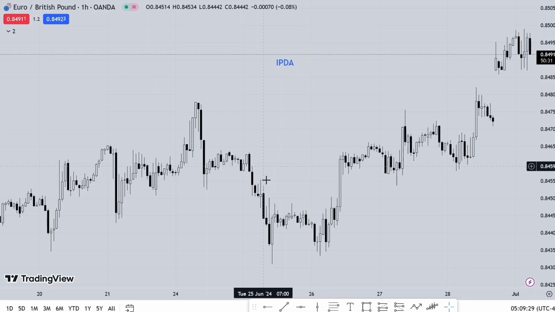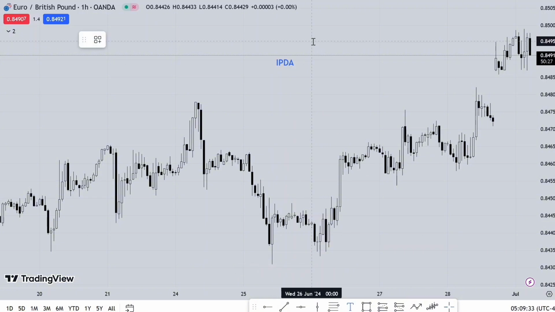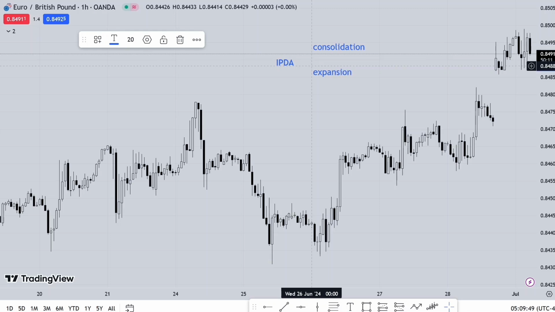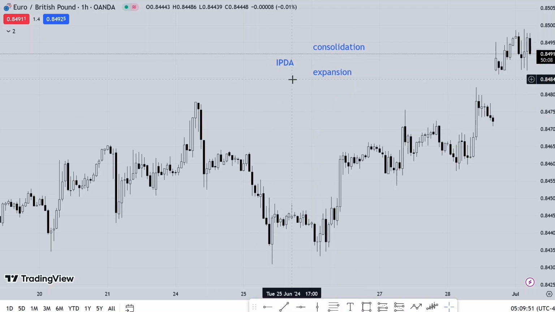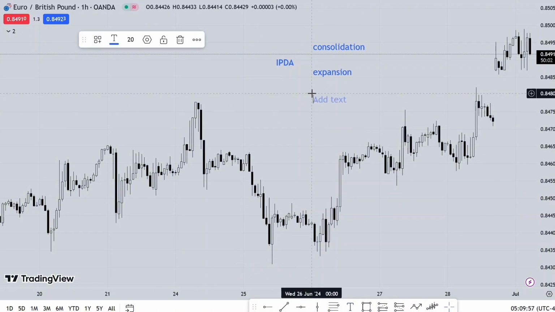It always starts from a consolidation. And after a consolidation, we have the expansion. Then we have the retracement.